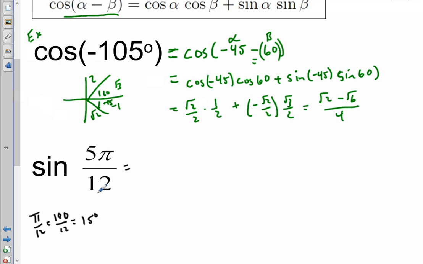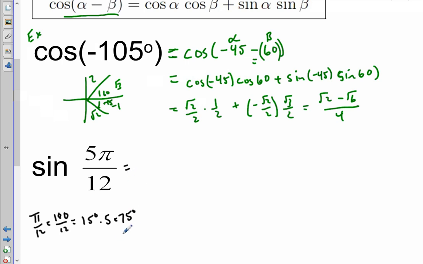Now, 15 degrees times 5, apologize, just times 5, is going to equal 75 degrees. So really, what we have here is a 75-degree angle.